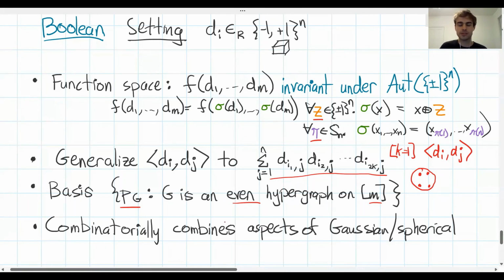It seems like the combinatorics of this setting combines some of the aspects of the Gaussian and spherical cases. On the one hand, the vectors all lie on a sphere. They all have some fixed norm. Therefore, you don't have self-loops in the graph, which is a feature of the spherical setting. On the other hand, the Boolean setting doesn't seem to exhibit a connection to planarity like the spherical setting. In that way, it seems a little bit more Gaussian.